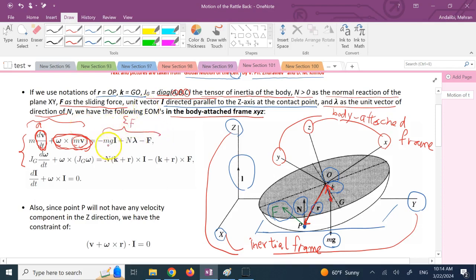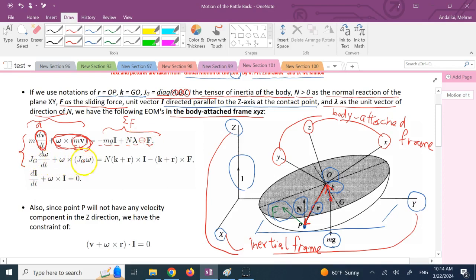And here the mg force in the negative I direction is applied, N is applied in the lambda direction. Now in this case, lambda might be the same as I, not in general. And of course this F force, which is shown with negative F. This negative is just to show it opposes the motion.